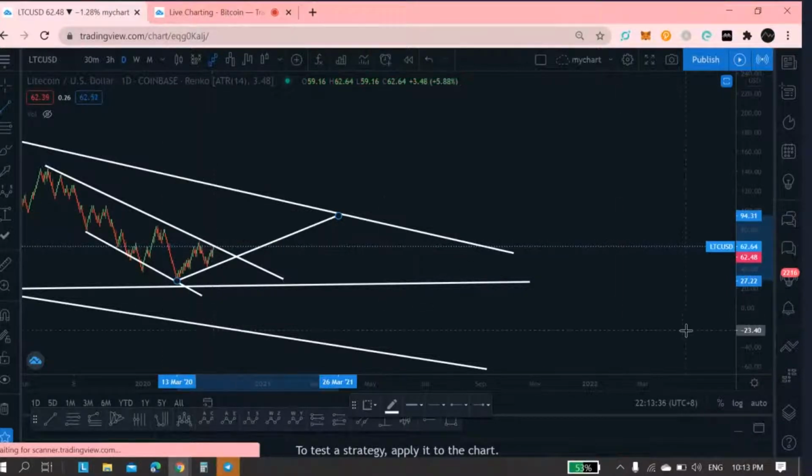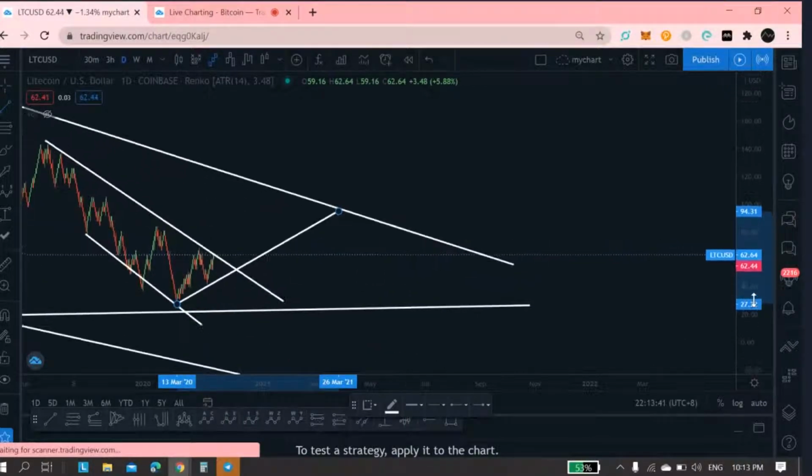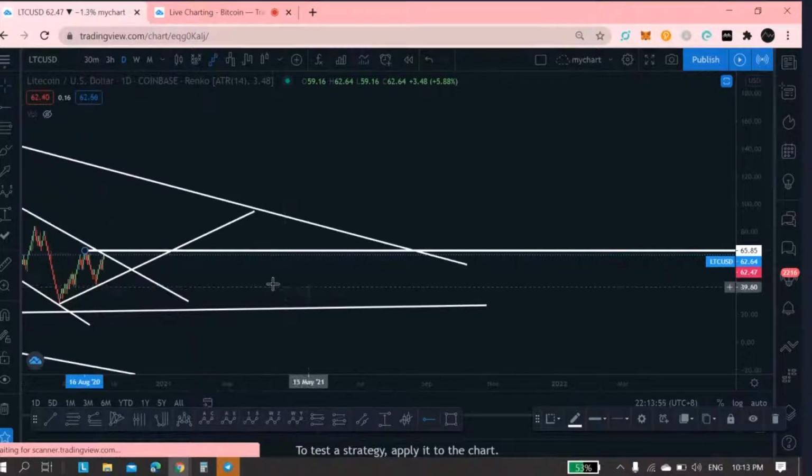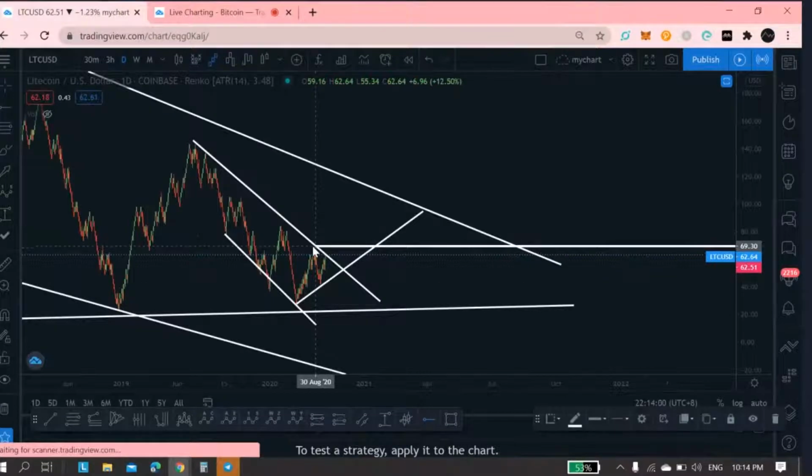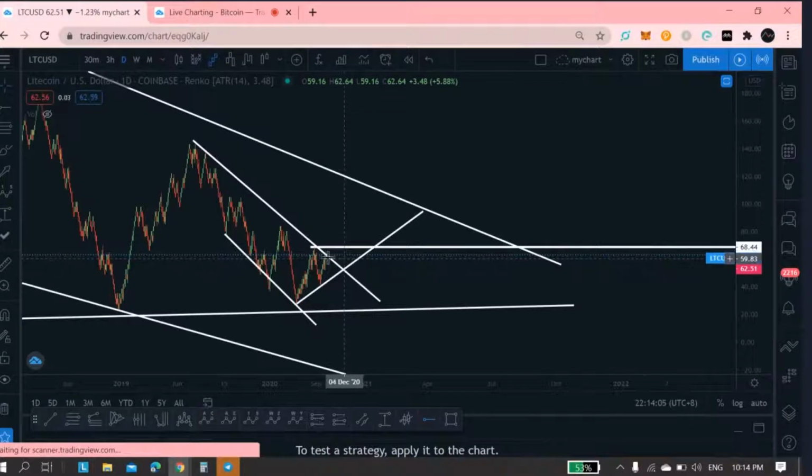Let's see if it breaks that and could possibly retest the next Renko chart around this area, around the 68 area. Actually, that's also my TP area. I think that's not the 65 area, I think that's 66. I mean 68 area. So that's also my TP area. So I'm expecting it to break out of this downtrend channel.